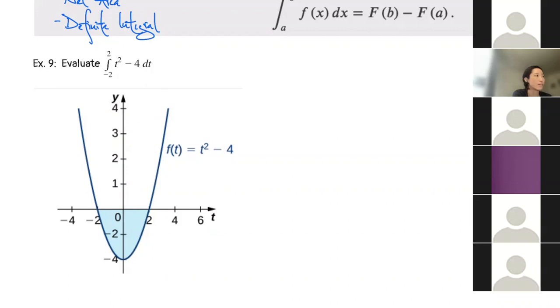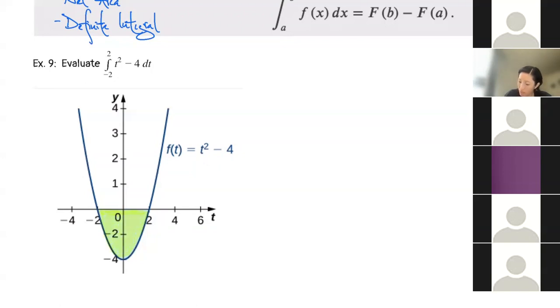What do we think? Negative, negative. Okay. Well, I buy that. If we take a look at what we have here, we've got a region that is all below the x-axis.